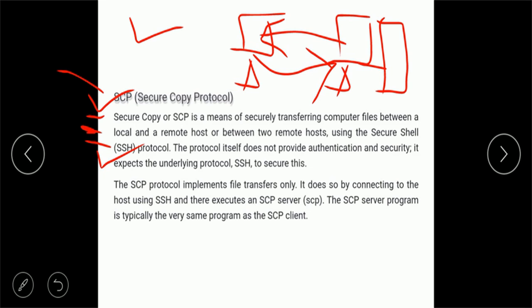The protocol itself does not provide authentication and security. It relies on the underlying protocol, that is SSH, to provide the security. The SCP protocol implements file transfers only. It does so by connecting to the host using SSH and there executing an SCP server.